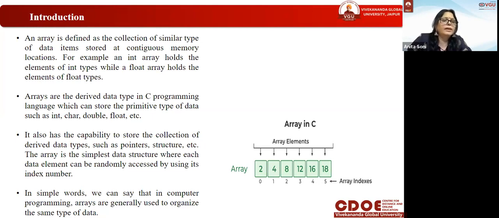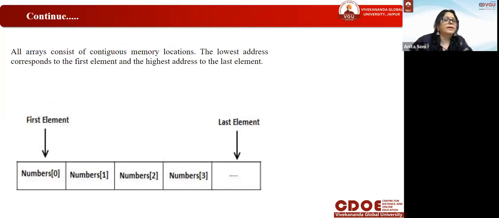In an array, you can access the variables sequentially as well as randomly. Randomly means any value in the array. So you can say an array is used to organize the same type of data. An array is a continuous memory location.